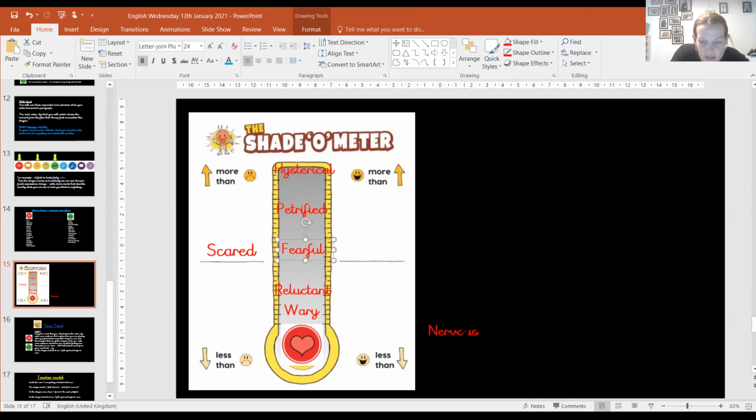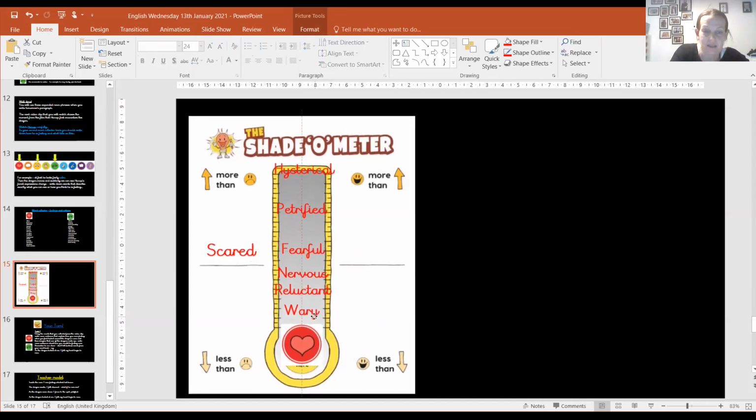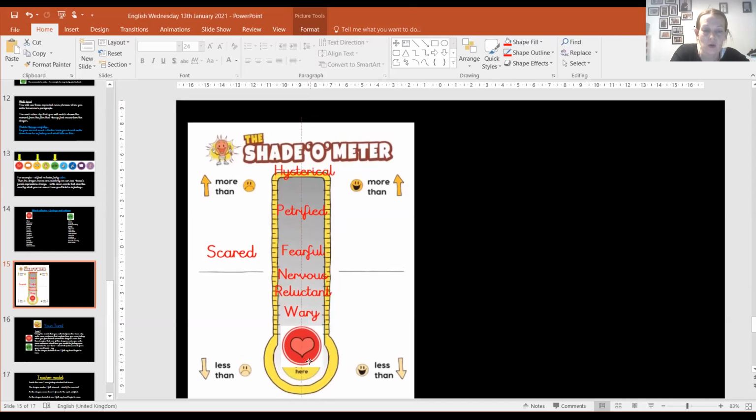Now, nervous would definitely go down the bottom. It'd go alongside reluctant and wary. So you're nervous about something, but it's not quite scared. You might be nervous if you're going to stand up and talk in class, but it's not scary. It might turn into something scary, but it's not quite there.